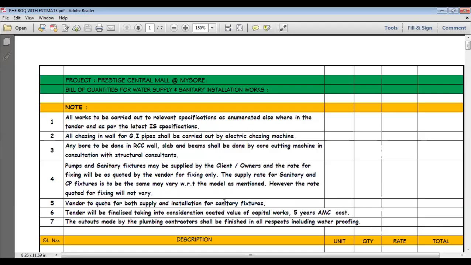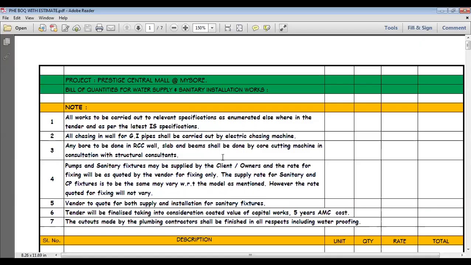Vendor to quote for both supply and installation for the sanitary fixtures. Tender will be finalized taking into consideration the quoted value of capital work and 5 years AMC cost. The cutout made by the plumbing contractor shall be finished in all respects, including waterproofing.